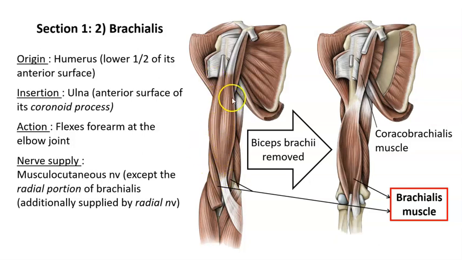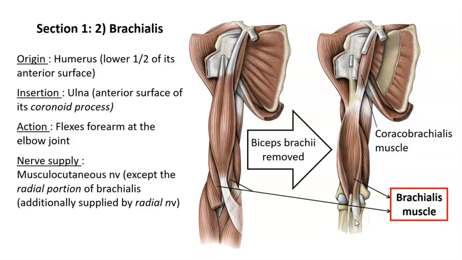So bila you cut this biceps brachii, you can nampak brachialis muscle here, dia daripada lower half of humerus insert dekat ulna. That's why dia pun ada fungsi in flexing your elbow joint. Itu je lah.